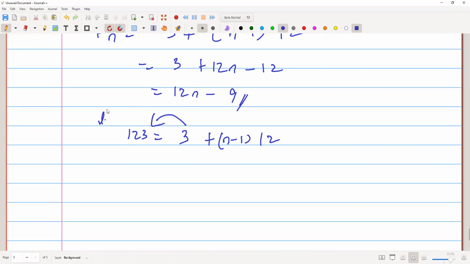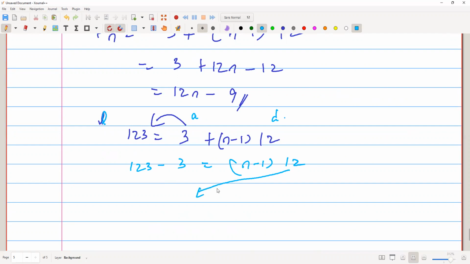This may be considered as the last term. A is the first term, this is L, this is A, and this is D. So 123 minus 3 equal to n minus 1 into 12.